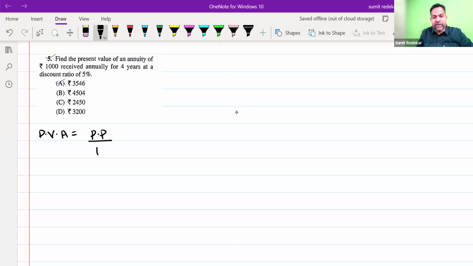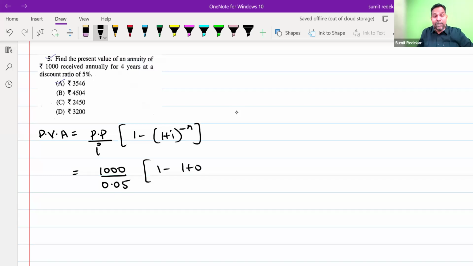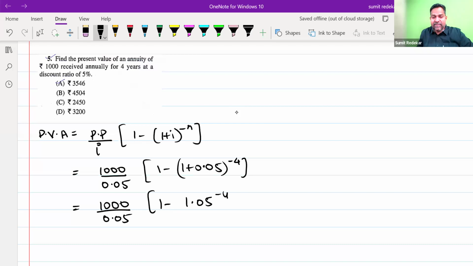Present value of an annuity is periodic payment divided by I into 1 minus (1 plus I) raised to minus n. You are paying an annuity of 1000 for an interest rate of 5%, which means 0.05 is the rate. 1 minus (1 plus 0.05) raised to a negative 4, which then becomes 1000 divided by 0.05 into 1 minus 1.05, and then the rest is a calculator game.